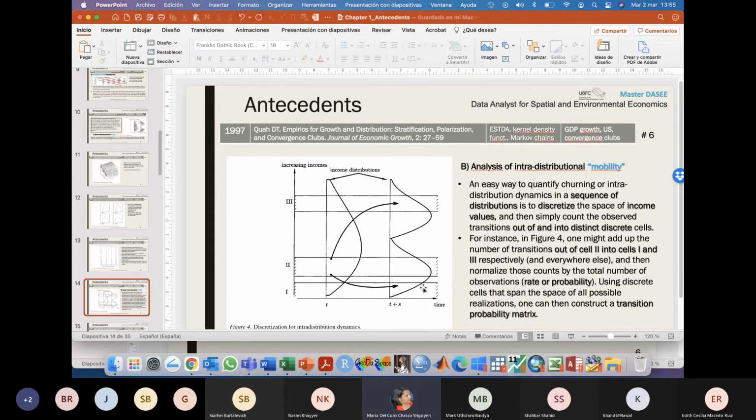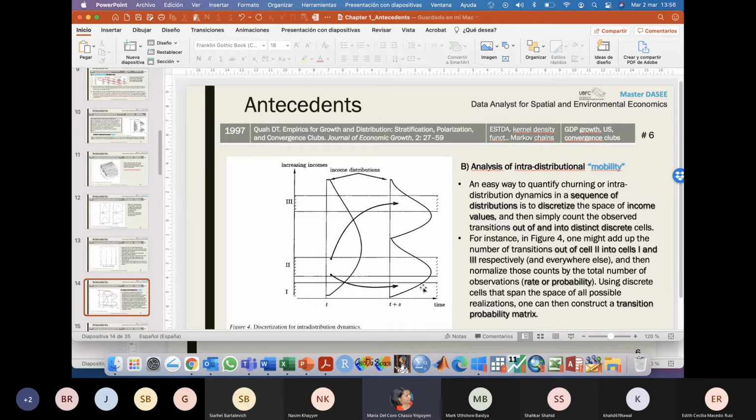This other chart is very interesting because it represents the intra-distributional mobility of country income per capita relative to the world average over this period, from 1961 again to 1988. So it is a representation of the Markov chain. What Quah did was discretizing the space of relative income values and simply counting the observed transitions out of and into distinct discrete cells.